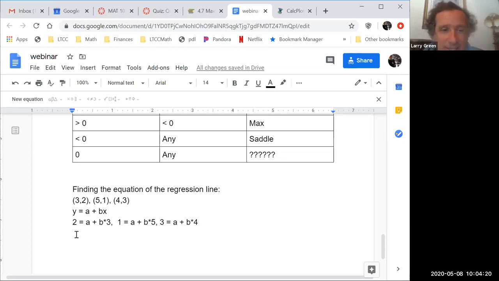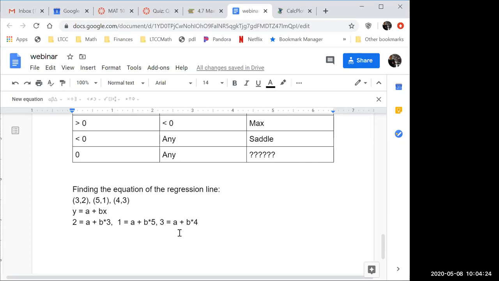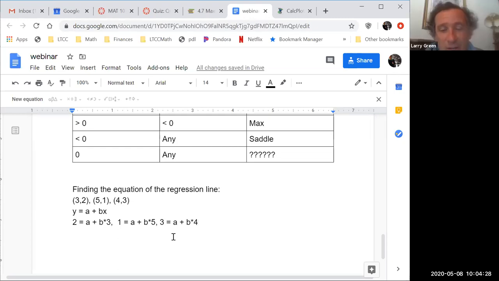How many equations do we have? 3. How many variables do we have? 2. Can you solve when you have 3 equations and 2 variables? The answer is no. You get a contradiction. Okay, this can't happen. Does that make sense? So we're not going to be able to solve, but here's what we can do.